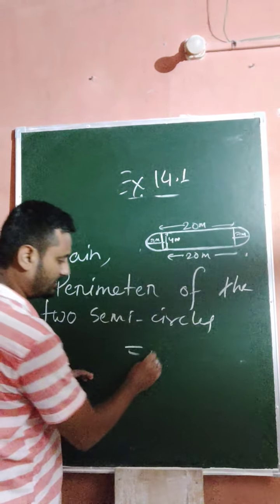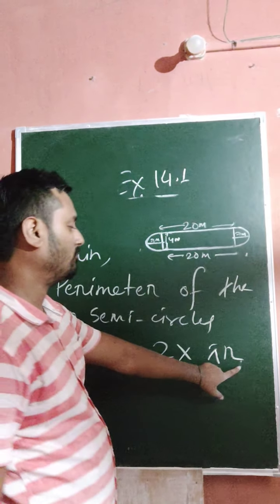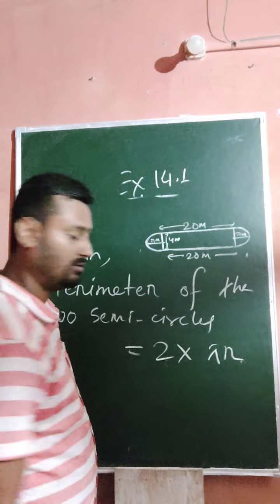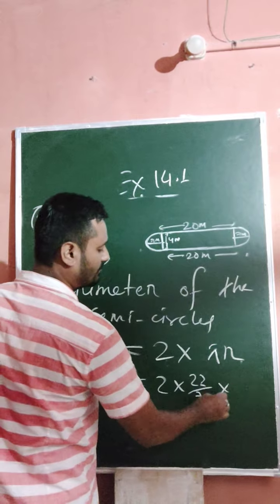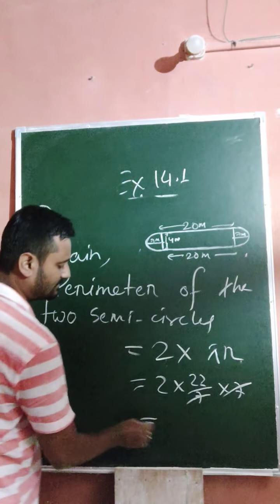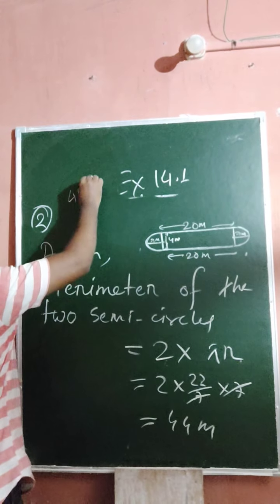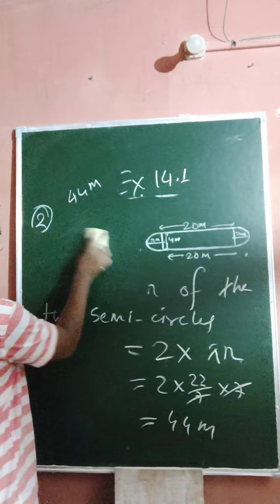But there are two semicircles, that means 2 into pi r. This pi r is the formula of the perimeter of a semicircle, and 2 is because there are two semicircles. So 2 into 22 by 7 into 7 is 44 meters. So 44 meters is the perimeter of the two semicircles.